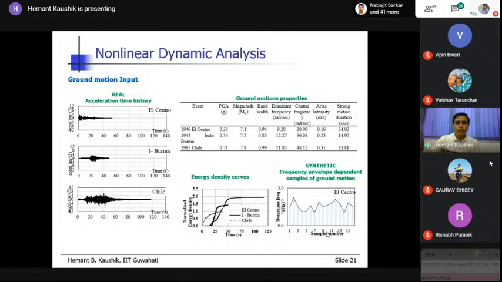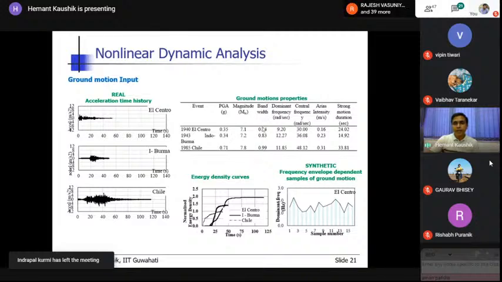Here I am showing you some of the parameters of different ground motions that you have to consider when you choose them. This is for 3 ground motions, 1940 El Centro, 1943 Indo-Burma and 1985 Chile. The peak ground acceleration is one important parameter, magnitude is second, bandwidth is third.